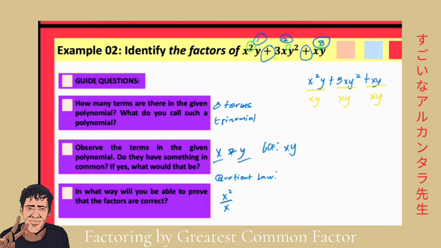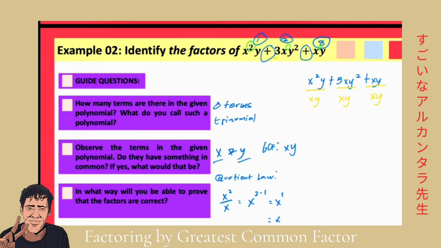As you can see here, class, they both have the same base, so you just copy it. And what do you do when you're dividing? If it's multiplication, you add. If it's division, you subtract. So 2 minus 1 makes it x raised to 1, or simply x.